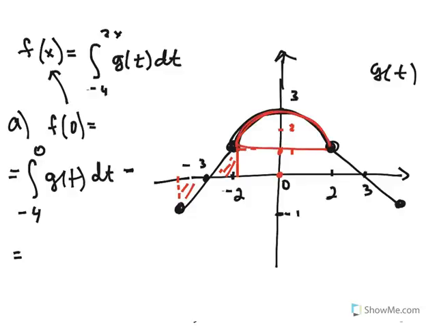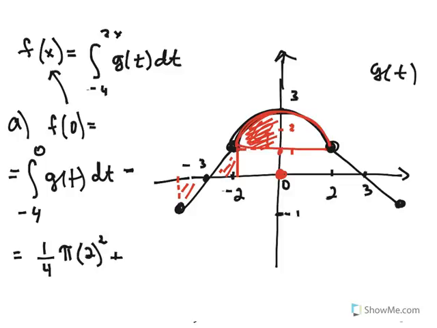So in order to find the area of this semicircle, right? But we don't need the whole thing. We just want a quarter, because it says all the way up to 0, so from -4 to 0. So we just want this quarter. So we're going to do 1/4 pi r squared, but the radius is 2, so 2 squared.